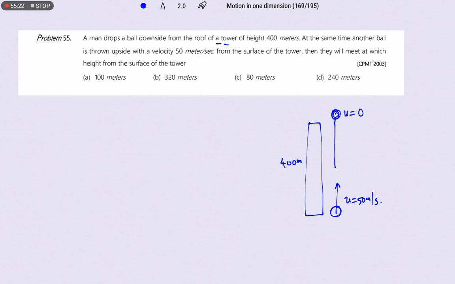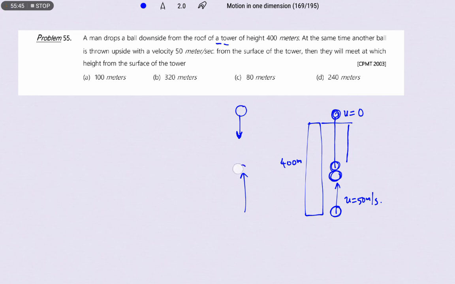Okay, now they are asking what is the height of the meeting point of the two objects from the surface of the tower. We discussed this application when an object is thrown vertically upwards at the same instant as another object is in free fall.